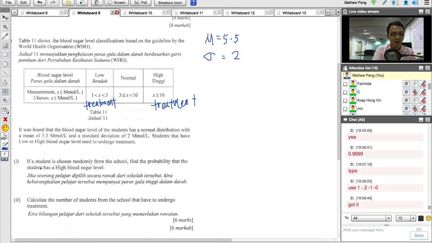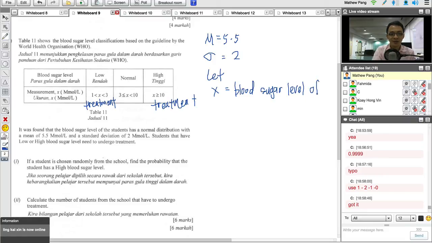So if a student is chosen at random, I will let X be the blood sugar level of the student, just to make myself understand this kind of question better.